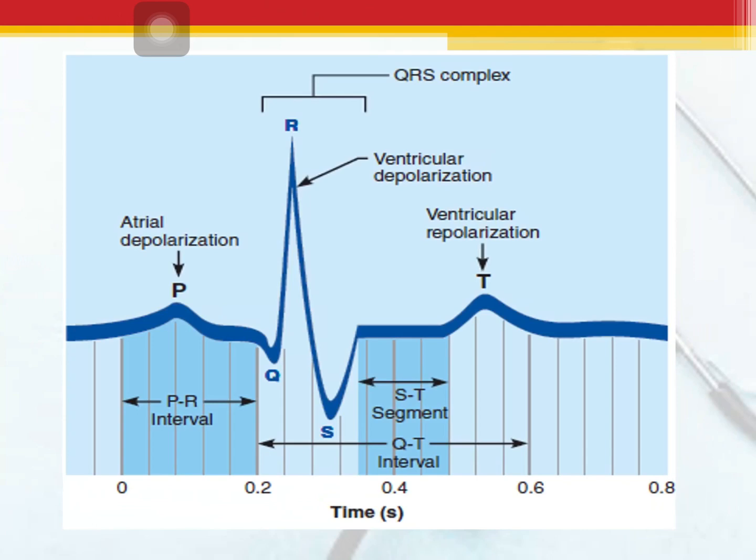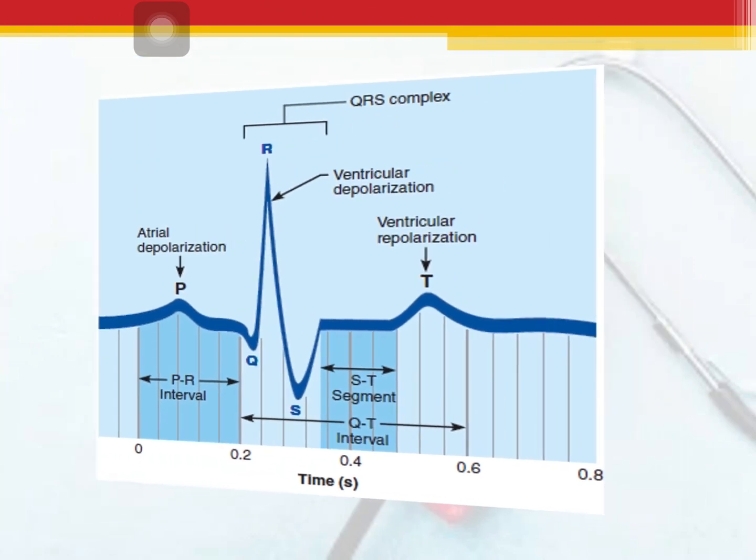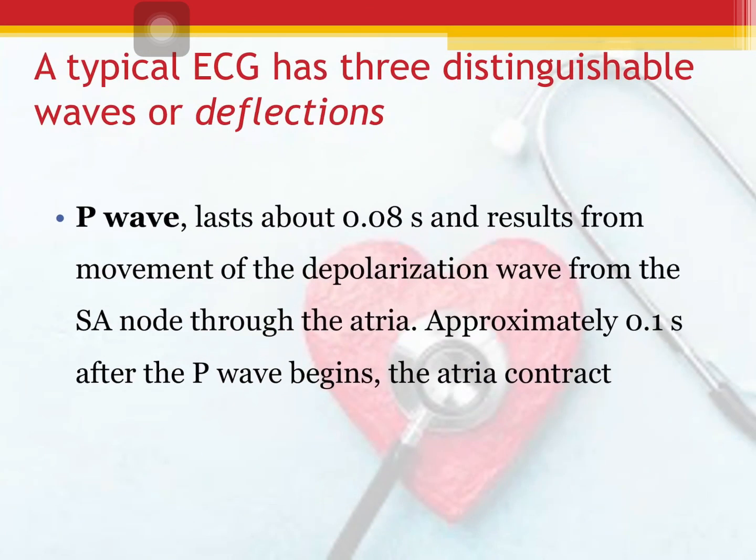The large QRS complex results from ventricular depolarization and precedes ventricular contraction. After the QRS complex, the T wave. The T wave is caused by ventricular repolarization and typically lasts about 0.16 seconds.